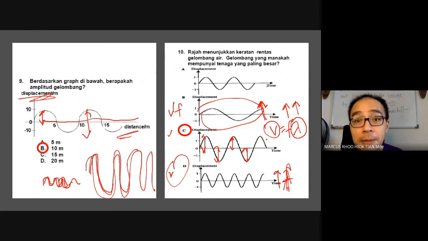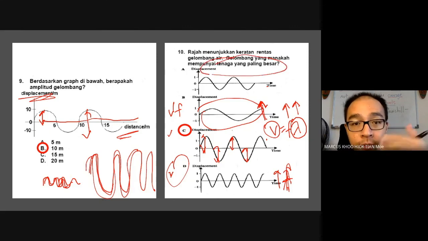The volume is the same for low frequency and high frequency. So frequency just affects the tone and not so much the volume. The volume of the sound is affected more by the amplitude. So when you're looking at the biggest energy, we're looking at preferably the one with the bigger amplitude.